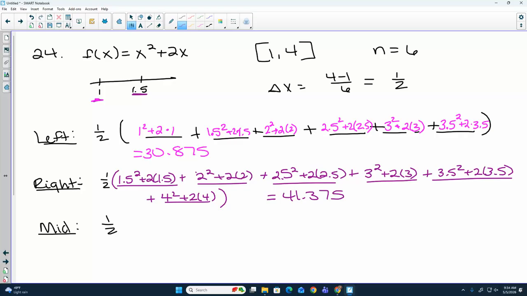So if we look at the midpoint, we are looking in the middle of these. So think about adding them up and dividing by 2, so 1.25. So that's the first number you plug in. Then we have to go up by 0.5.